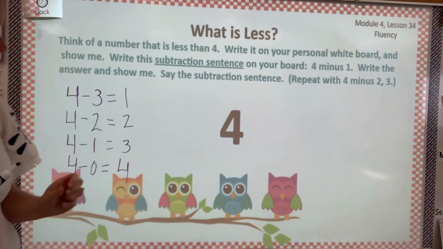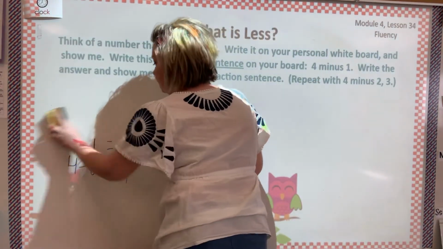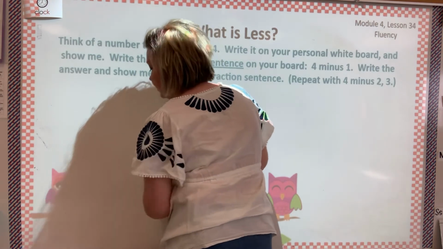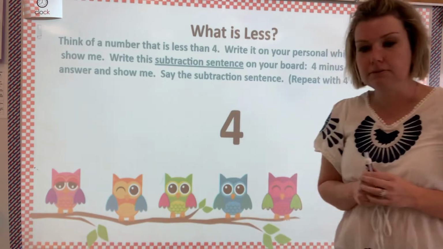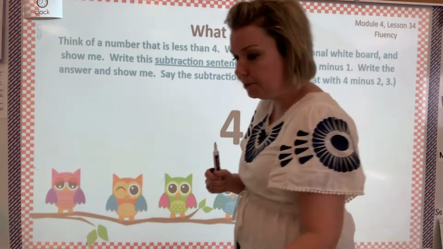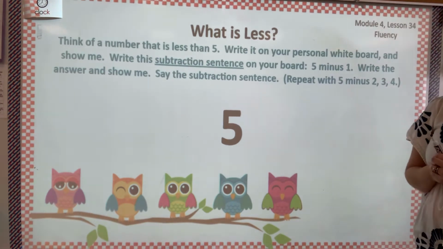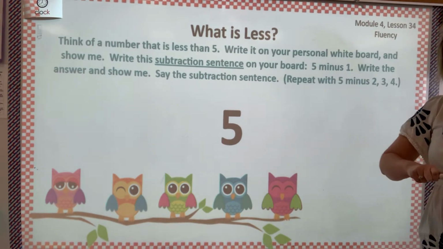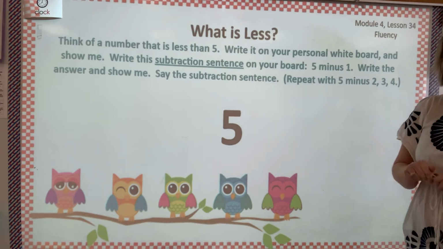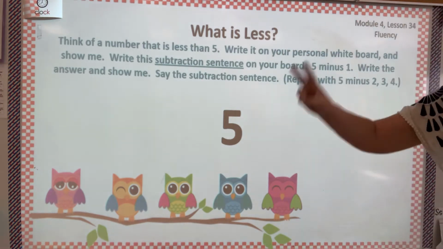Let's go ahead and erase our boards. Erase your board nice and clean. And let's do our next number. 5. Think of a number that is less than 5. Write it down and hold it up. I'm going to count down from 5. 5, 4, 3, 2, 1.